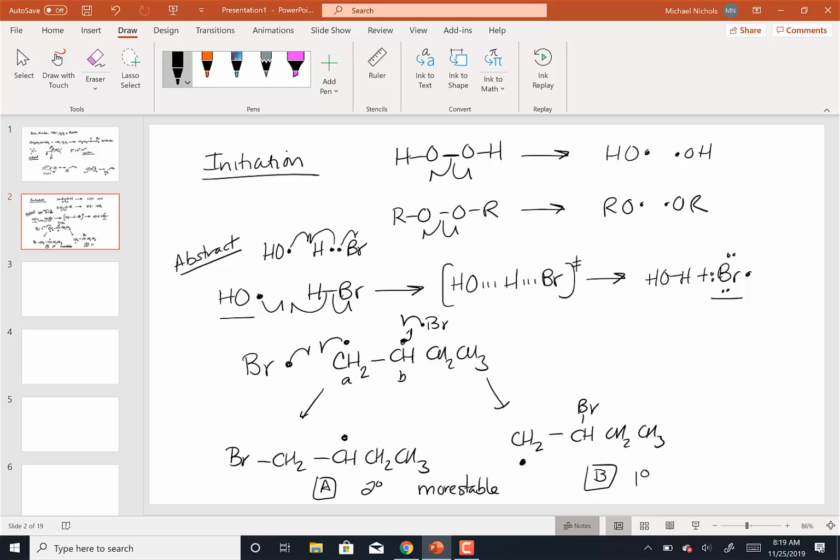Because I'm doing this with radicals, I've changed what's adding. So instead of H that's adding, it's now Br. And instead of the more stable carbocation, it's now the more stable radical. But the same principle holds. So in other words, I'm going to form the more stable secondary radical rather than the primary.